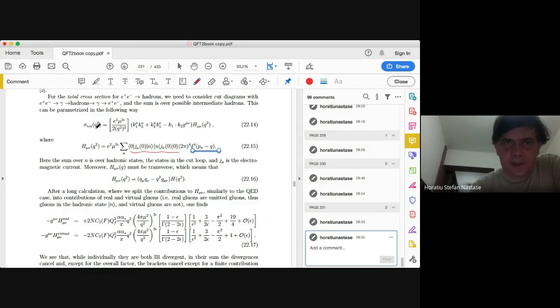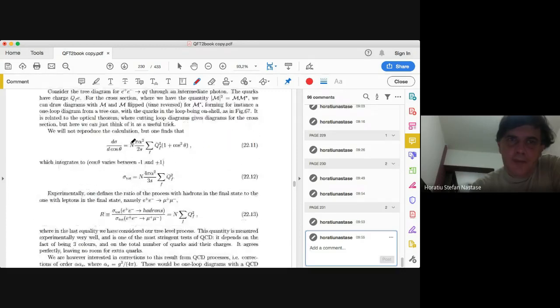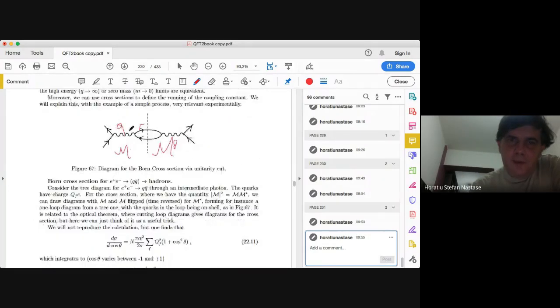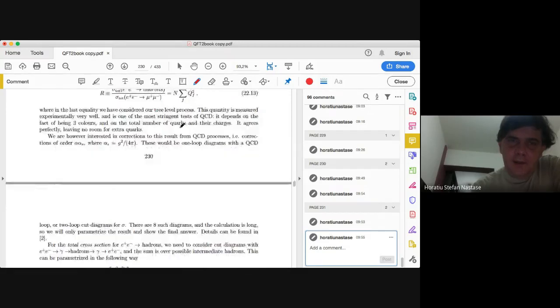But then for the total cross section, I have M and M star, so I have this factor squared. So I put one factor in, then I have another factor outside. Then I have a 1 over q squared propagator here, and 1 over q squared propagator here.